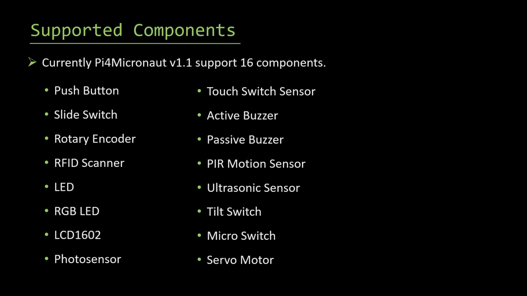You know this, right? The ultrasonic sensor is widely used in parking sensors. You can hear a beep. That's where it can be used. This is just an example. And we have support for tilt switch, micro switch, and servo motor.